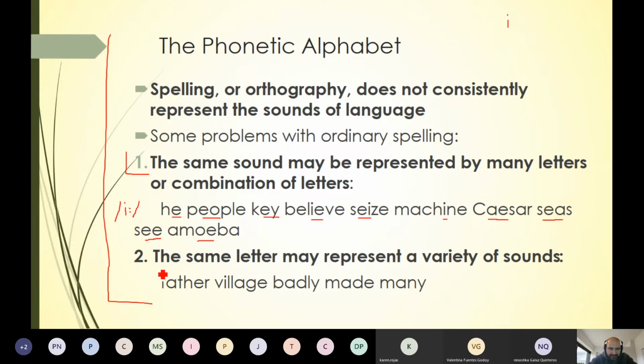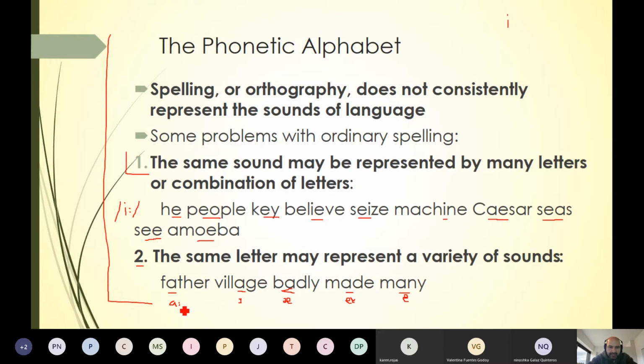And the second point read by Valentina: the same letter may represent a variety of sounds. The same letter A actually turns out to be father, village, badly, made, and many.